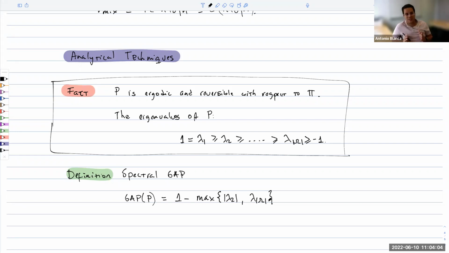And what is surprising, at least a priori, is that this quantity captures the mixing time. It gives you a very good bound on the mixing time of the chain, right? So here is a theorem.